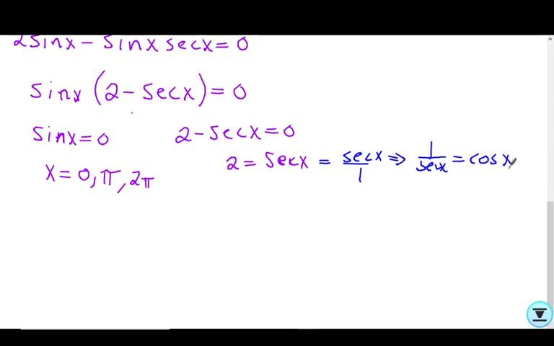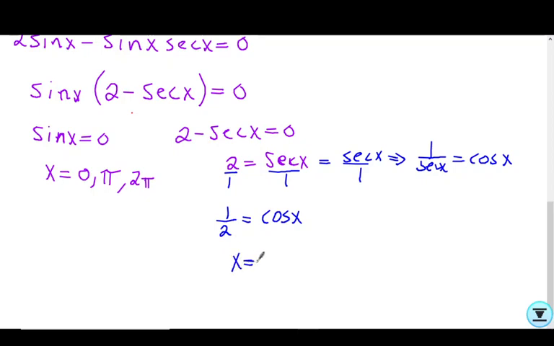But if I do it to my right side, I got to do it to the left side as well. So I'm going to take the reciprocal of both sides, which means I get 1/2 equals cosine x. So finding where secant is equal to 2 is the same thing as finding where cosine is 1/2, to make my life easier. Okay? So here we go. Where is cosine 1/2?